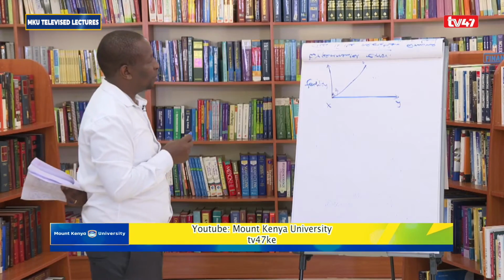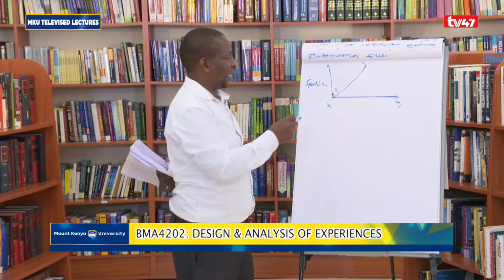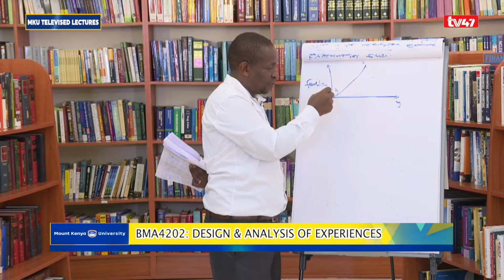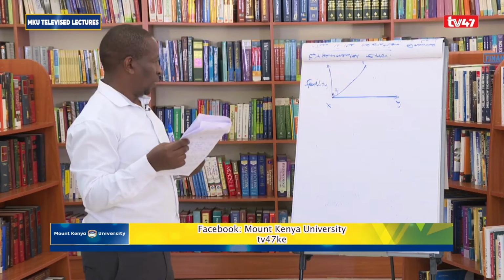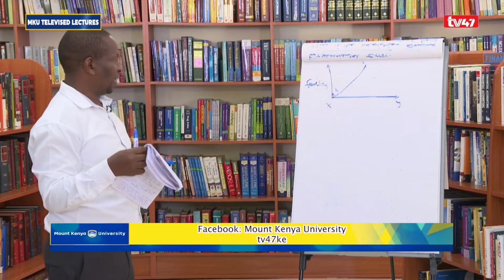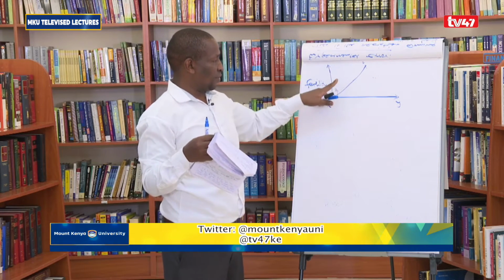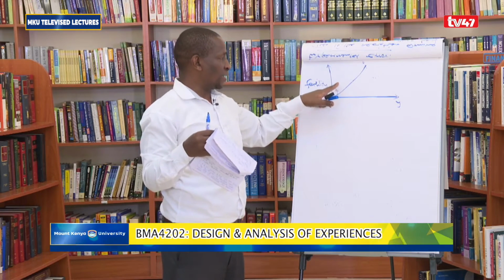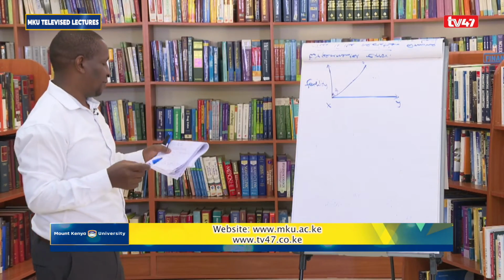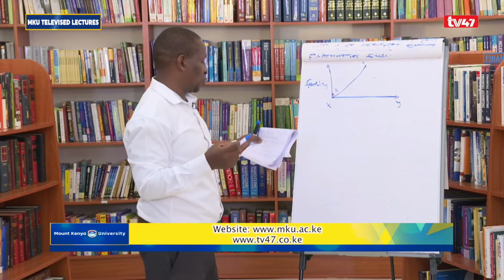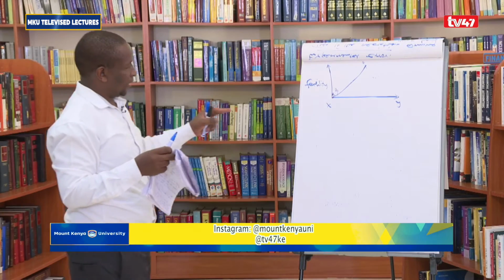Every experimental unit that has been assigned fertilizer B already has an advantage over fertilizer A. So the outcome of that kind of an experiment will be influenced by several other factors. It is not only A and B which are being compared, but also the fertility, because B has taken advantage by landing on the plots that have higher fertility as compared to A. So we refer to that as fertility gradient.